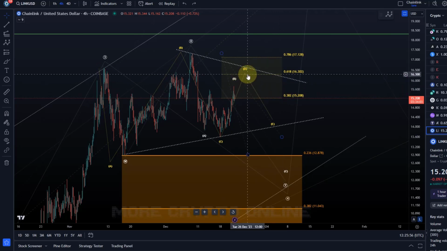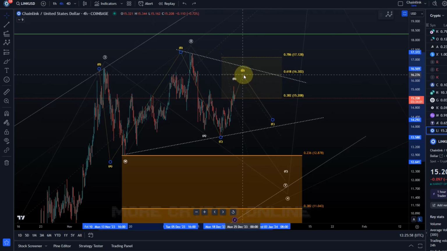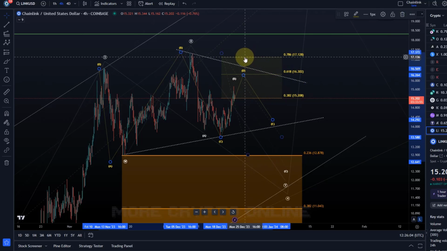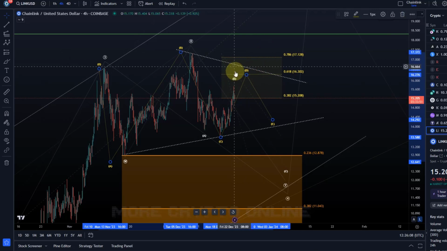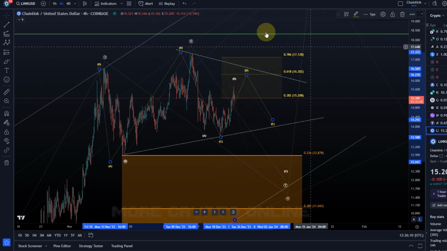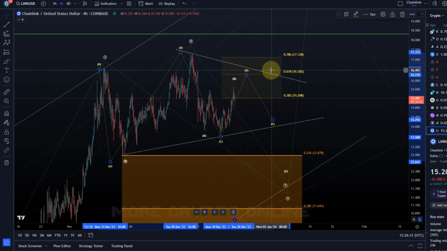So I would rather like to see the price get close at least to the 61.8 extension at $16.30, maybe even sometimes to the 78.6, but that would be quite a strong D wave, but valid. Ultimately, this is not an absolute rule. It's more like what looks best, and the right look is important for consolidations as well and for triangles.